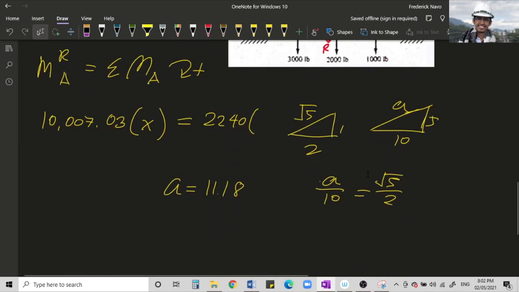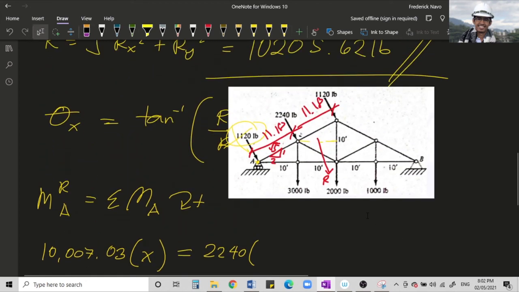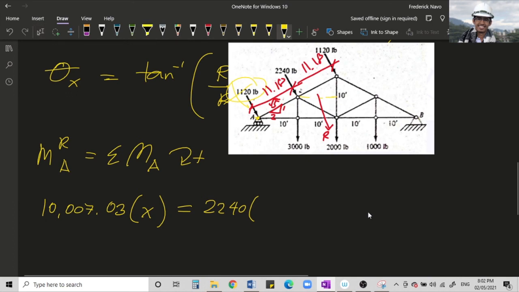Okay, let's erase this. So, we know the distance now, so multiply by 11.18. It is clockwise, so positive. And then the other one, 1,120 pounds plus 1,120 pounds times the perpendicular distance, which is twice the 11.18. Right?